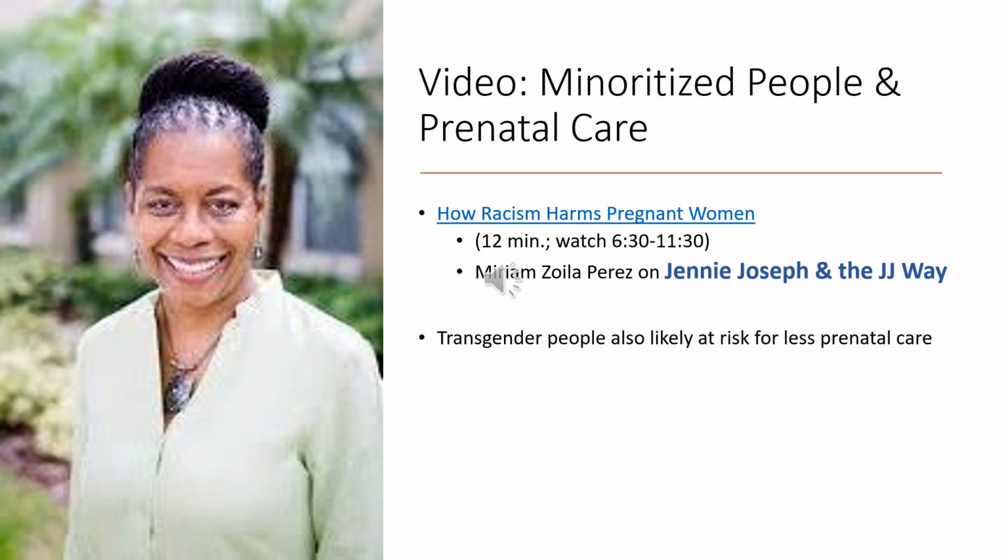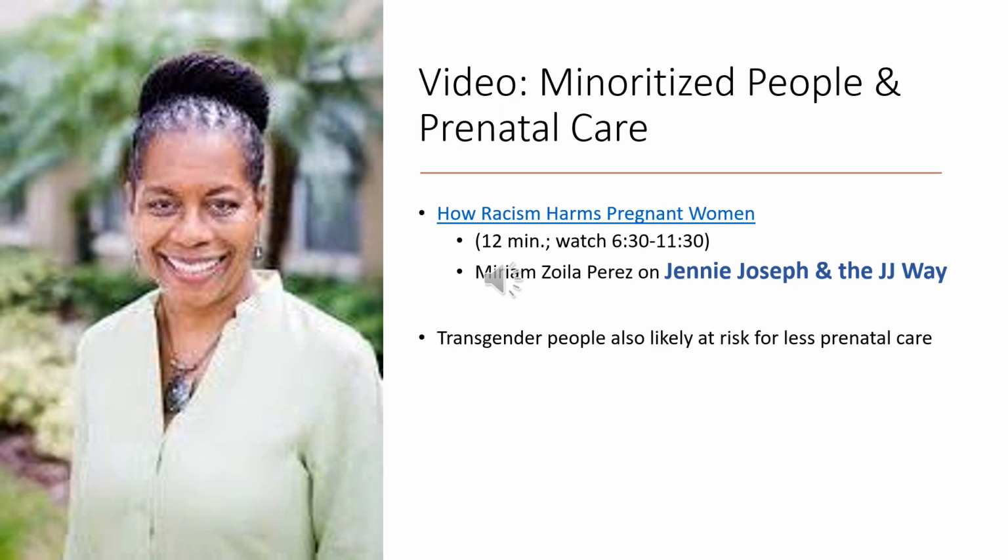So I encourage you to watch about 5 minutes of this TED Talk, from about 6.5 minutes to 11.5 minutes, by Miriam Zola Perez, that's on Jenny Joseph and the JJ Way, and that's Jenny Joseph pictured here.